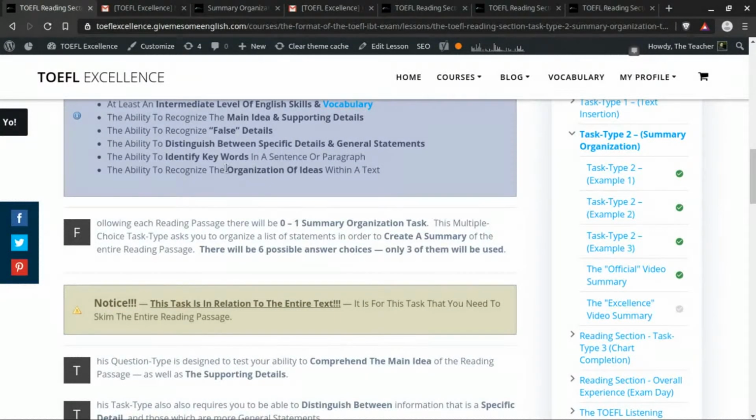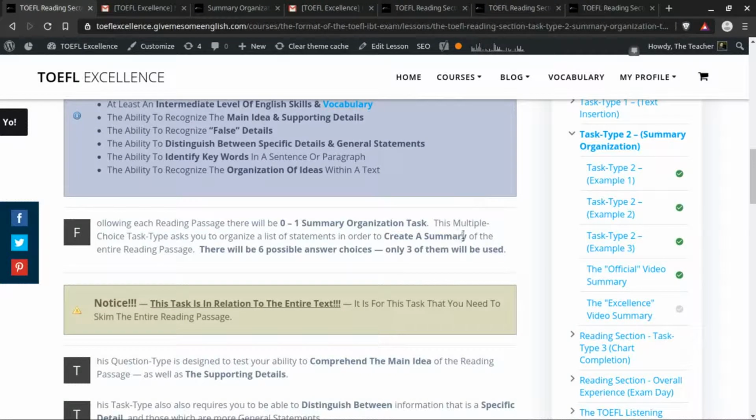All right, so you'll have to know about identifying keywords. That's mostly because you will probably have to scan through the reading passage, or at least skim through it to get a good idea, especially if you haven't read the entire reading passage previously. Now, there are situations where some people say that you shouldn't read the reading passage before doing the questions in the reading section.